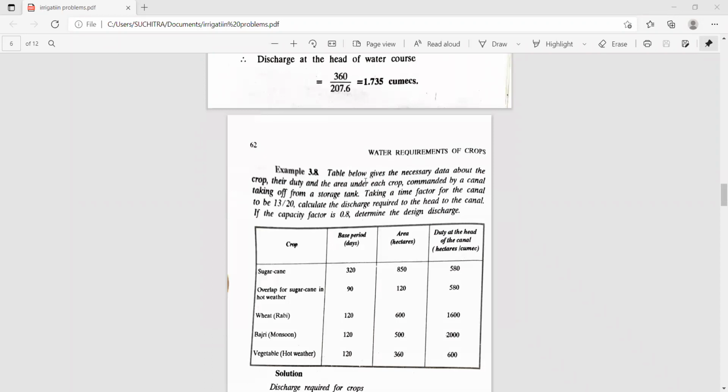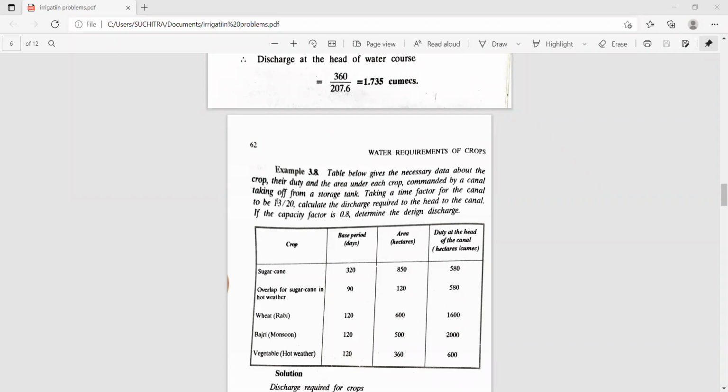Now here the table gives the necessary data about the crops, their duty and the area under each crop commanded by a canal taking off from a storage tank or a storage reservoir, taking a time factor of the canal to be 13 divided by 20. This time factor of the canal is nothing but the canal has actually run 13 days and the total irrigation period is about 20.